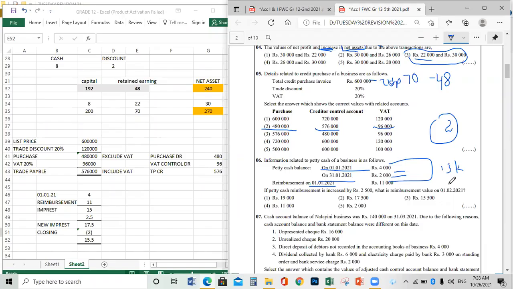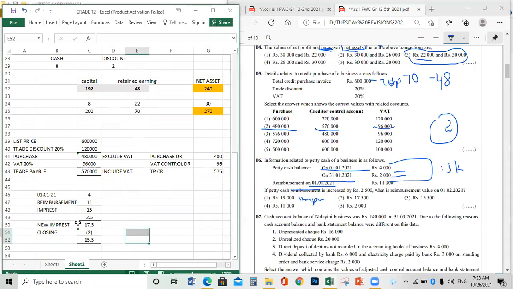But then they say, if petty cash interest is increased by 2,500, your new interest is going to be 17,500. If your new interest is 17,500, then you should see how much do you have now? You have 2,000.